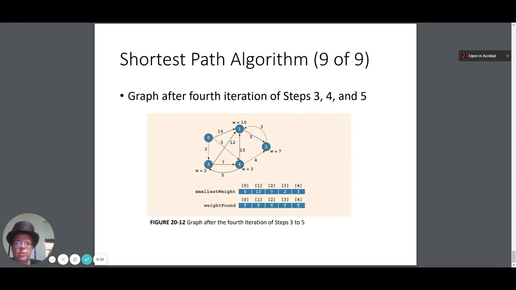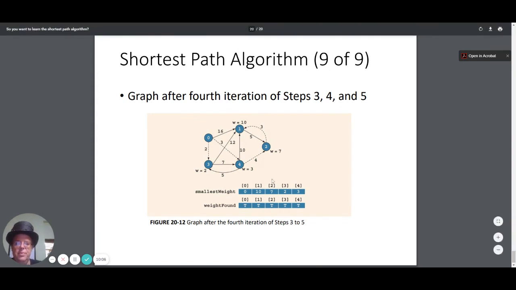So the shortest path between any of these vertices between 0 and 1, it's 10. If we go 0, 4, 2, 1. To get to number 2, it's going through 4 and then getting to 2. To get to number 3, just go directly to number 3 with a weight of 2, and to go to number 4, it's just cheapest to go directly from 0 to 4 for a cost of 3.